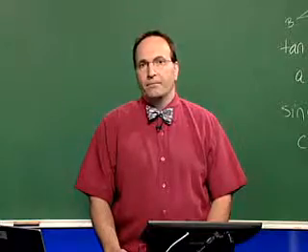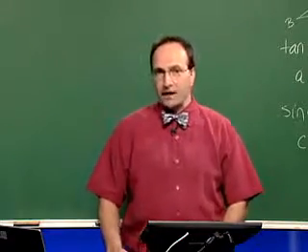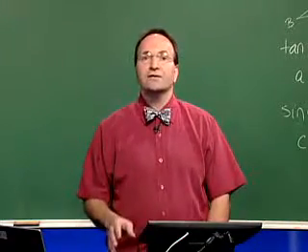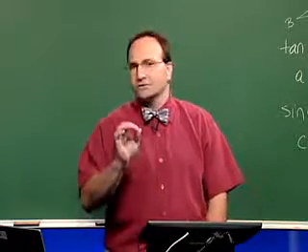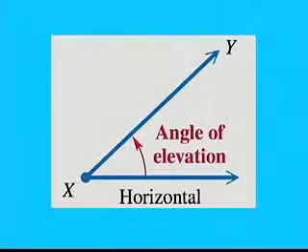So I found all of the missing parts for the triangle that I was given in the original problem. Now, many applications of right triangles involve angles of elevation or angles of depression. And here's the angle of elevation.